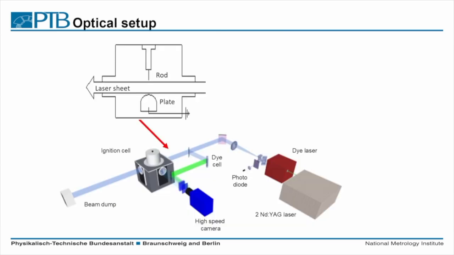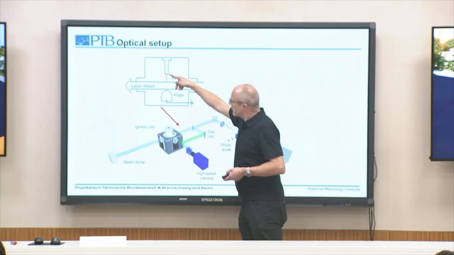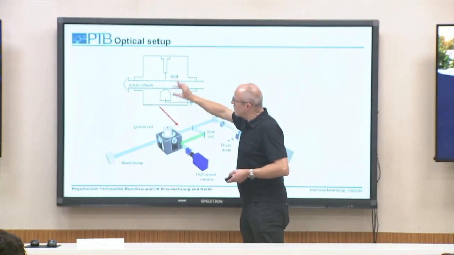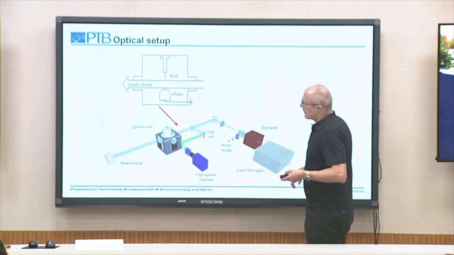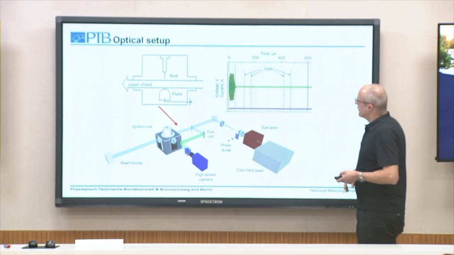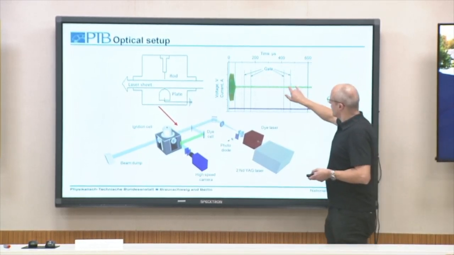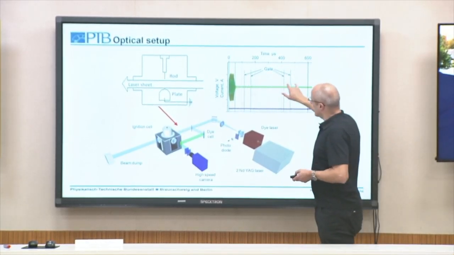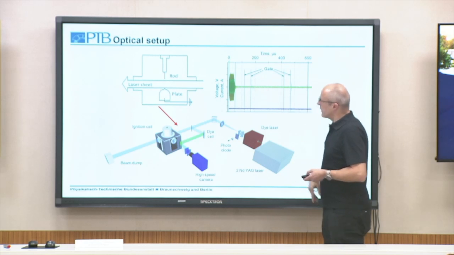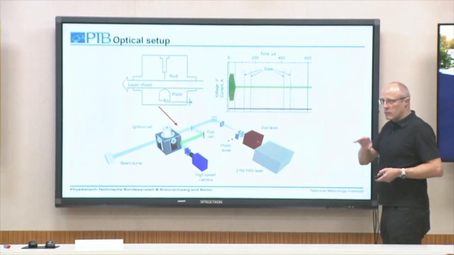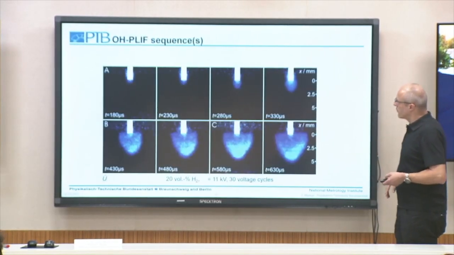This we have examined using a laser setup. So we have this rod-plate configuration and send a laser sheet through this. Here we see the electrical parameters, and we then have the gate timing of our laser and camera system, so at which time we look into the system.